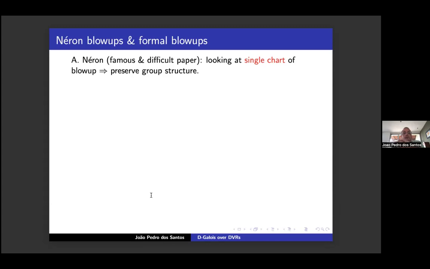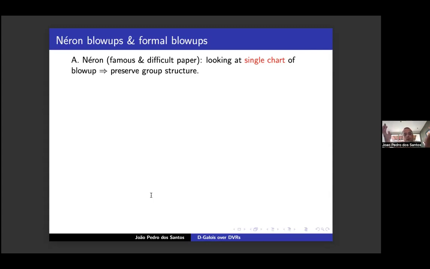And what Néron realized is that if you do not look at the whole space of a blow-up, or you restrict your attention to one single chart, then you have what? A group structure being preserved.